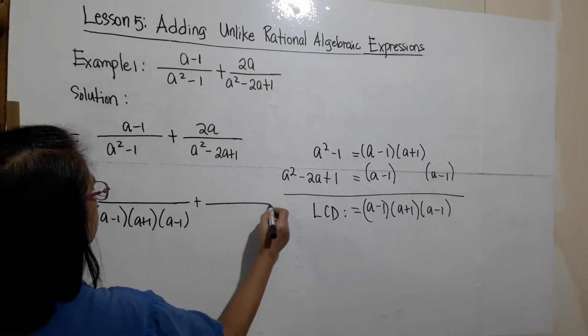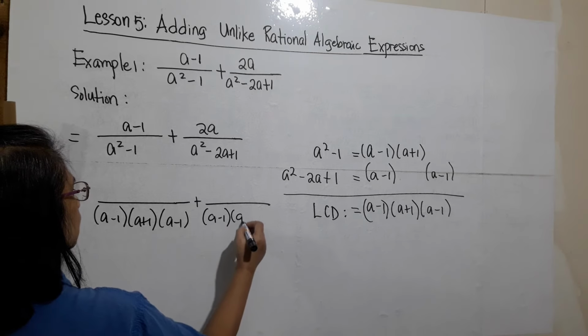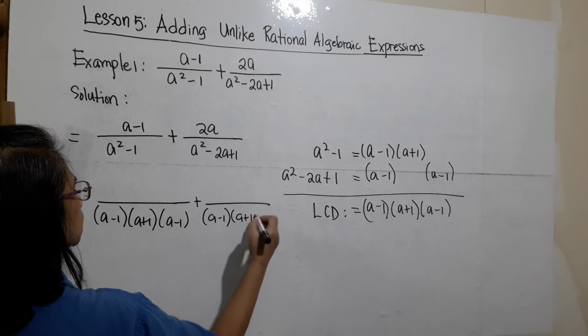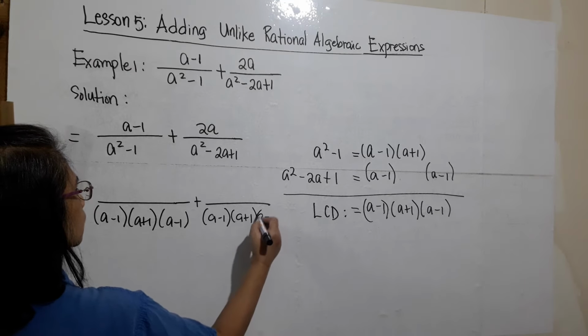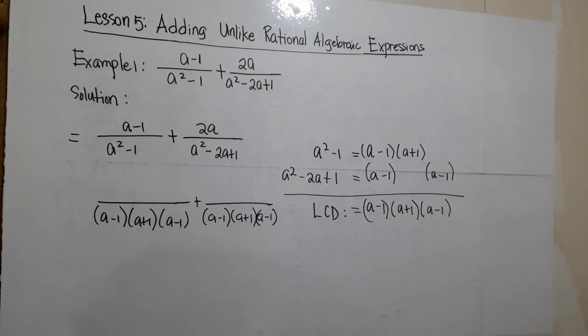Plus, same here, a minus 1, a plus 1, then a minus 1. So the LCD is the new denominator. Now they are the same.